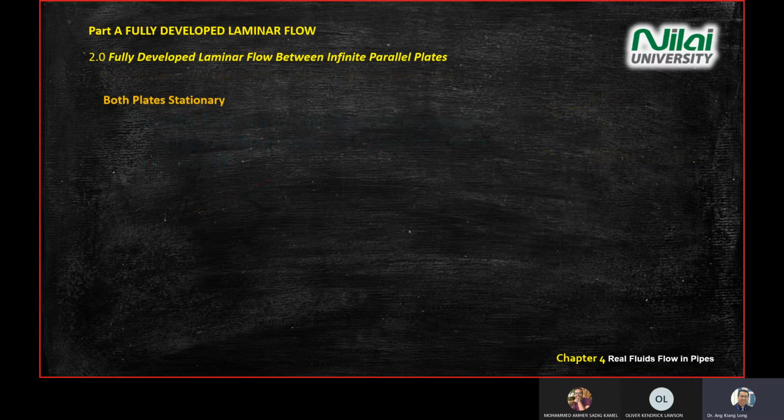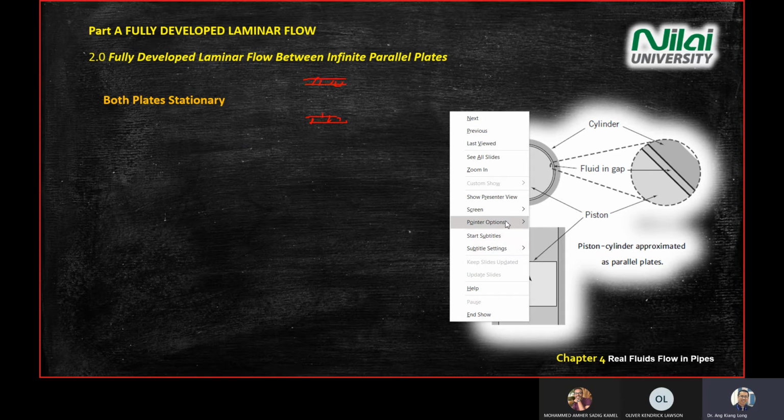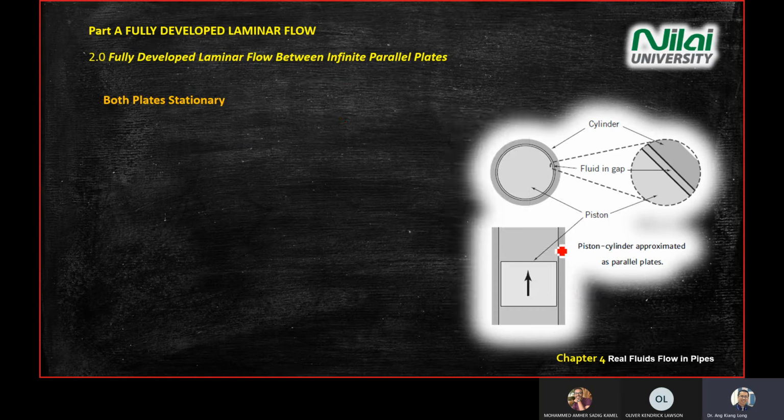All right. Let's look at the first scenario where we have the plates stationary first. If you have both plates that don't move, one example that you see on the screen here is what happens in the piston cylinder that you have in your car engine.